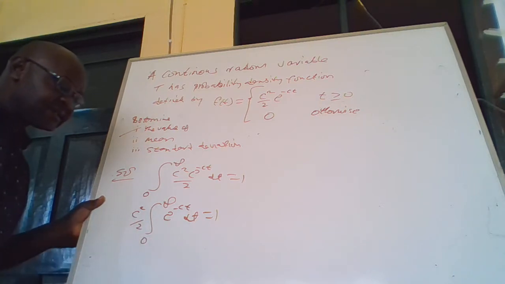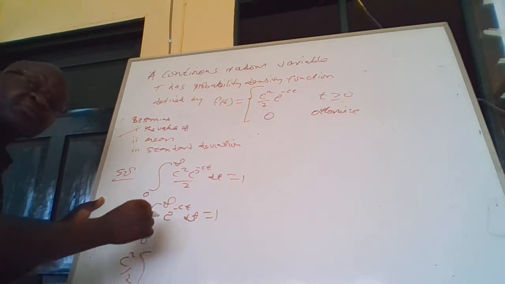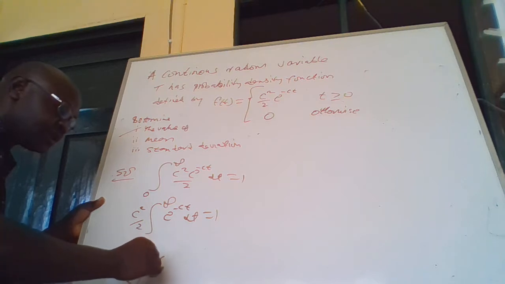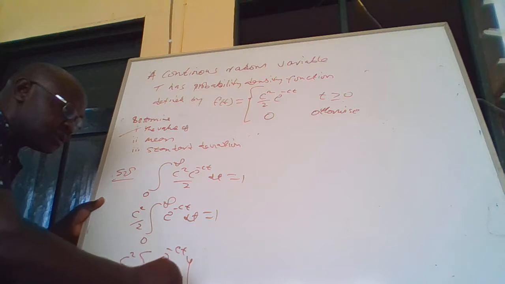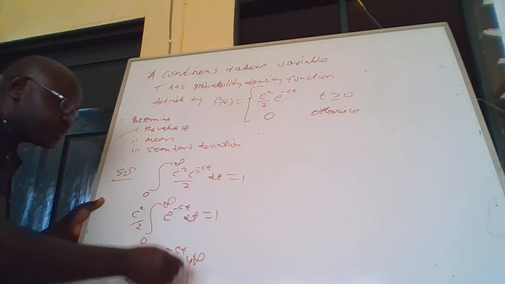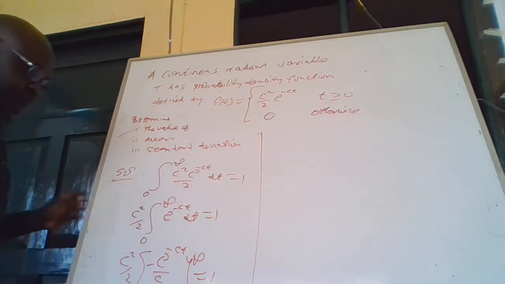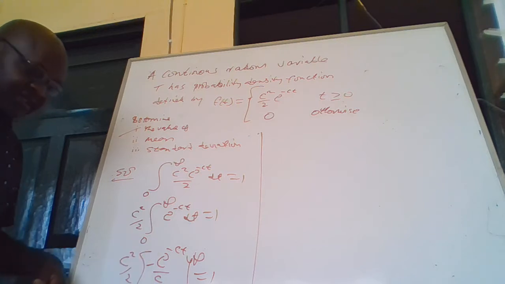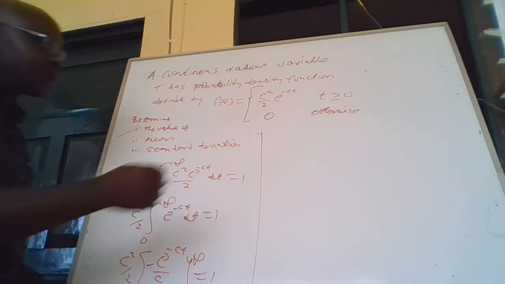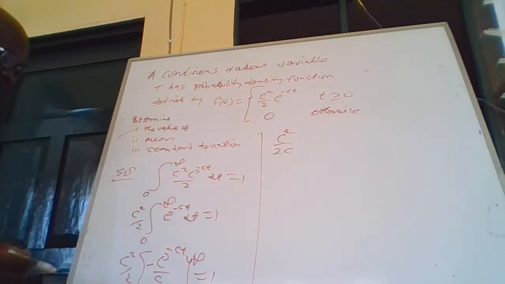When you integrate e^(-ct), we get minus e^(-ct) over c, integrating from 0 to positive infinity, and this must give us 1. Now I can take out 1 over c, so that I have c² over 2c.